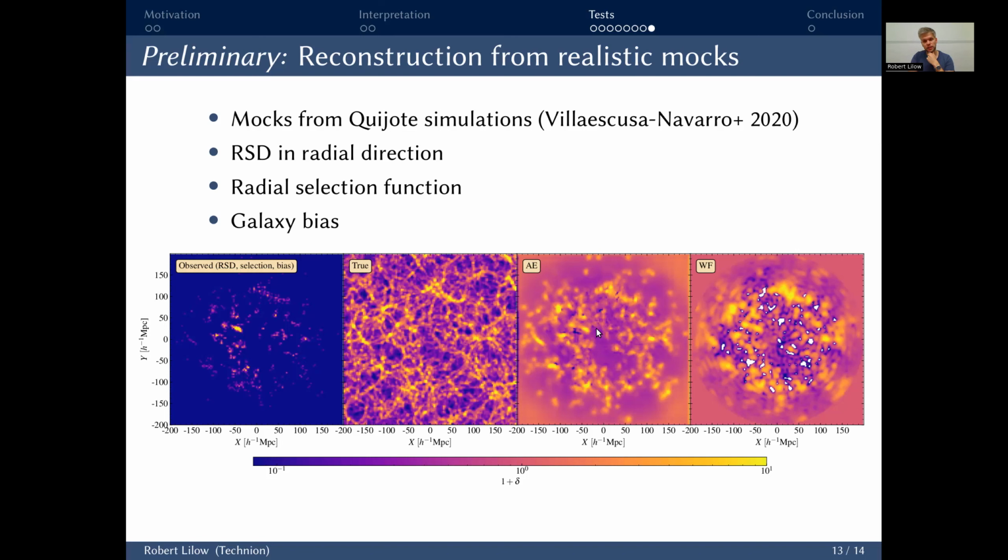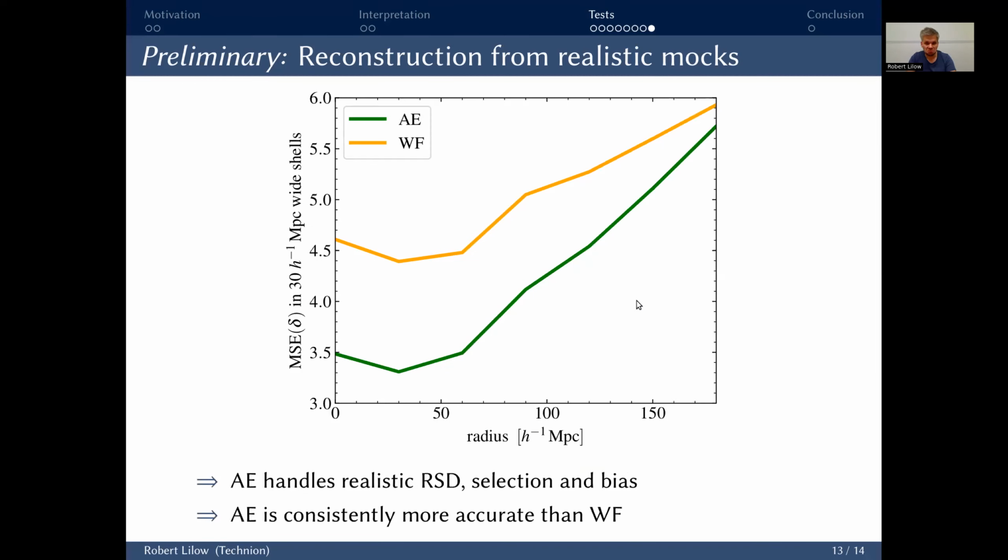So you have fewer artifacts, and overall you have sharper, more small-scale features than the fuzzy Wiener-filter. And we can quantify this again by looking at the MSE, now in shells with increasing radius from left to right. So you can see overall the reconstruction error increases towards the boundary just because galaxies become much fainter, but crucially, the autoencoder is consistently better than the Wiener-filter.